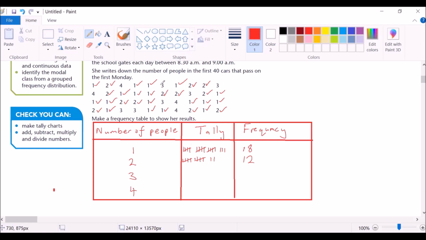We go on to the threes. 1, 2, 3, 4, 5. 1, 2, 3, 4. Then the fifth one we cross. Then we have 1. This is 5 plus 1, which is 6. Now we go to the 4s. 1, 2, 3, 4. 1, 2, 3, 4. Okay, so that is the frequency table.